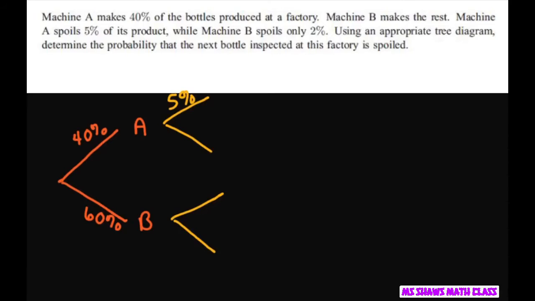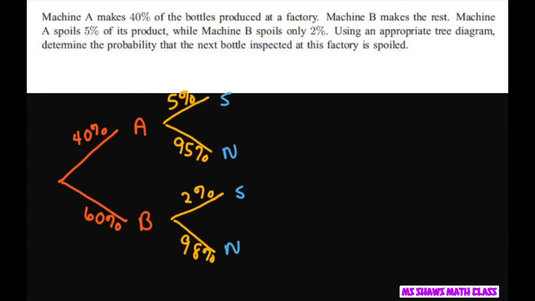So not spoiled is 95% for machine A. Machine B only spoils 2%, which is less than that, and this is 98%. So let's mark that. This means spoiled, not spoiled, spoiled, not spoiled.